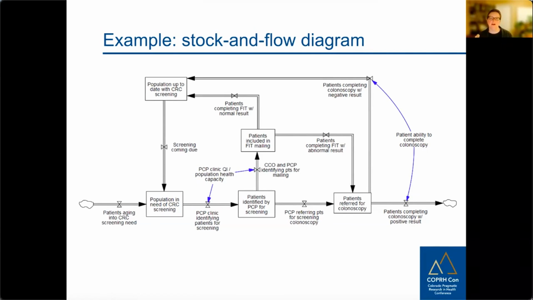In this case, the stocks are populations of patients who need screening, are identified for screening, and then referred for FIT or colonoscopy, and then a stock of patients who are up to date, and then time until needing to be screened again. The flows between these stocks represent how people move through the system. And the variables with the blue arrows are pieces of information that influence how that movement takes place.